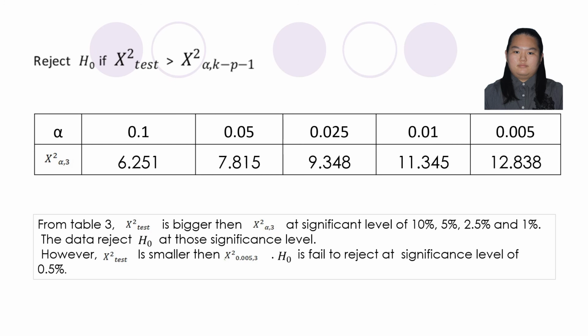The data reject H0 at those significance levels. However, the chi-square test is smaller than the chi-square alpha at significance level 0.5%. H0 fails to be rejected at significance level 0.5%. The data follow the distribution with mean 1.5 and variance 0.135 at significance level 0.5%.